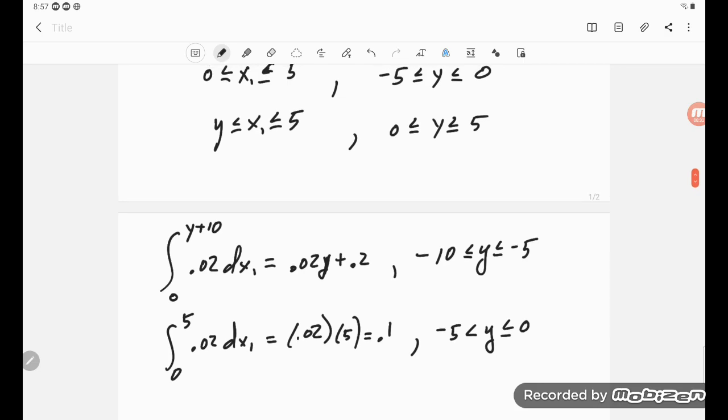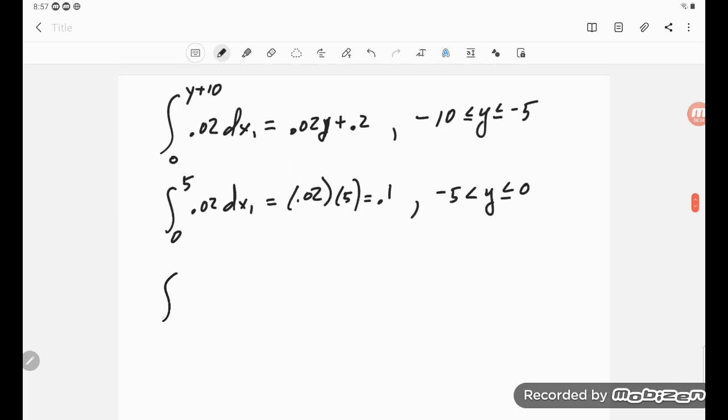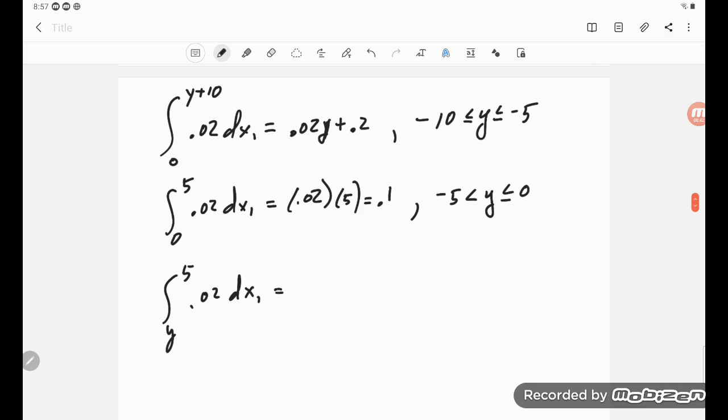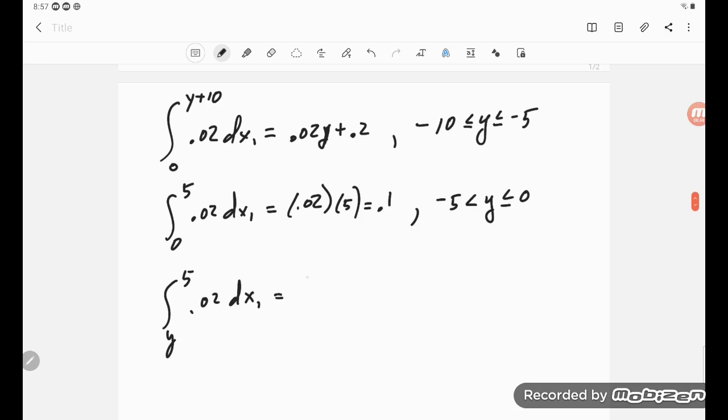And then finally y to 5, 0.02 dx1, which is equal to 0.1 minus 0.02y, and that's from 0 less than y less than or equal to 5.